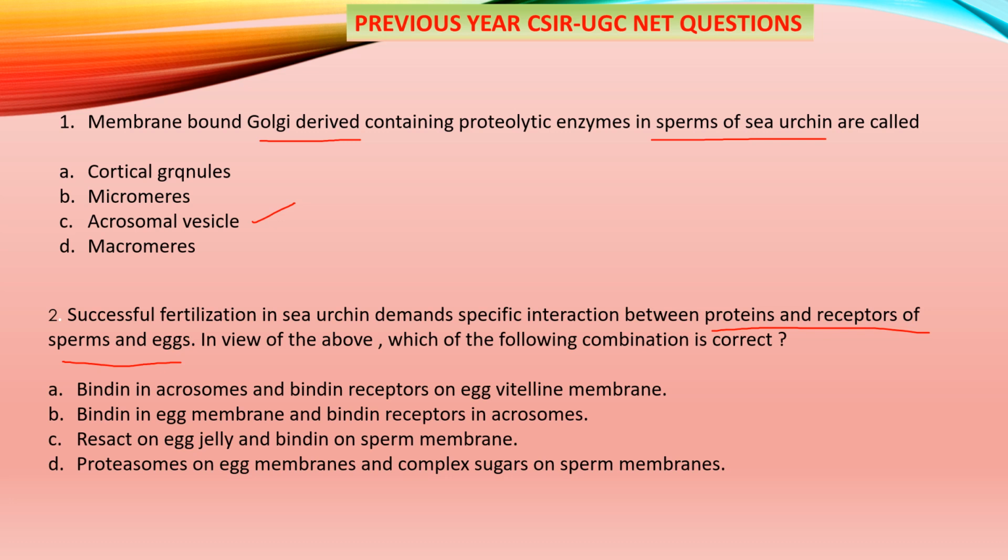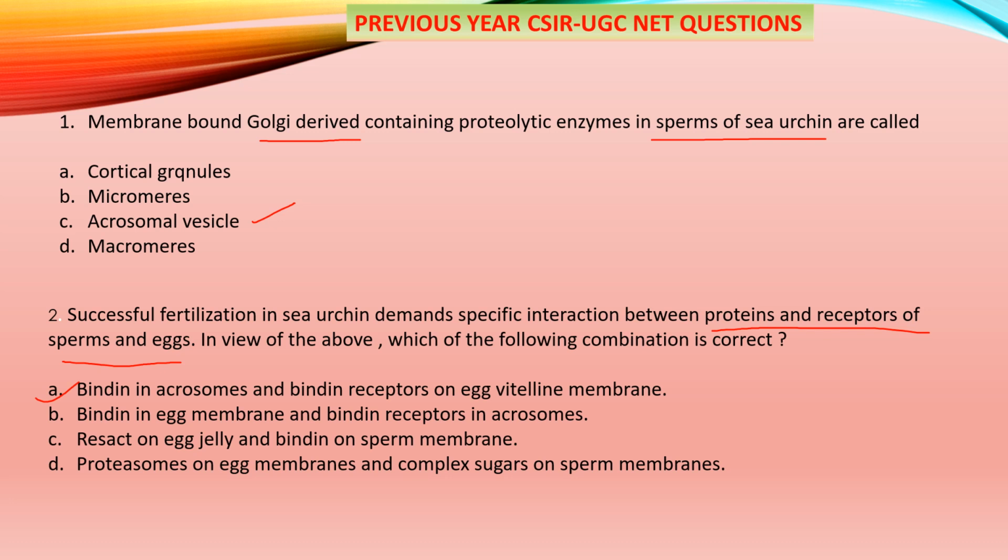The first option, A: bindin in acrosome and bindin receptors on egg vitelline membrane. Bindin is present in the acrosome of the sperm, and the bindin receptor on the egg vitelline membrane is EBR1. So it seems to be the correct answer.